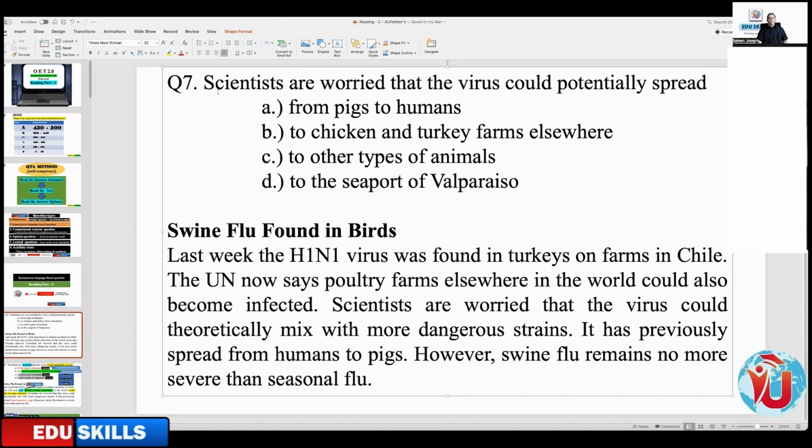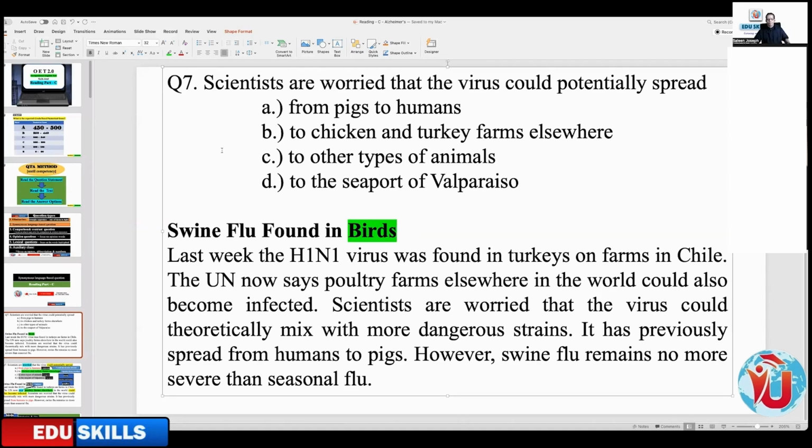Okay, cool. Now, the question stem says scientists are worried that the virus could potentially spread. You have to see the headings in the strategies I taught you. I have said headings are very important. So what do you have in the heading? The heading is swine flu found in birds.